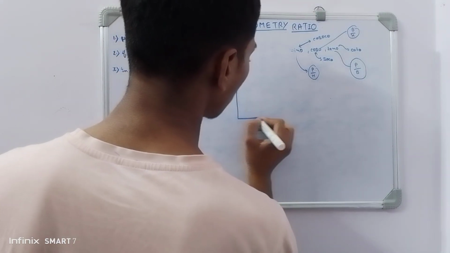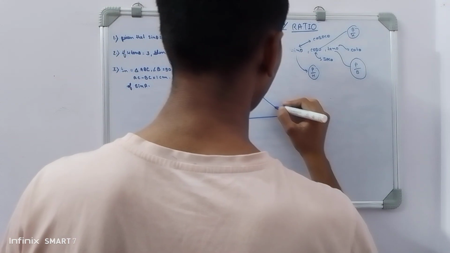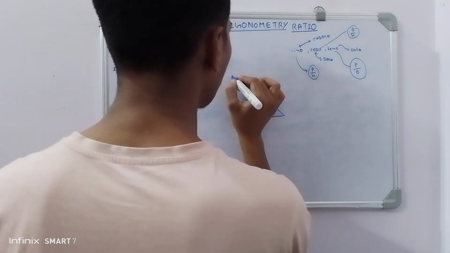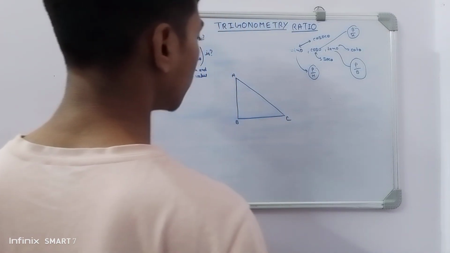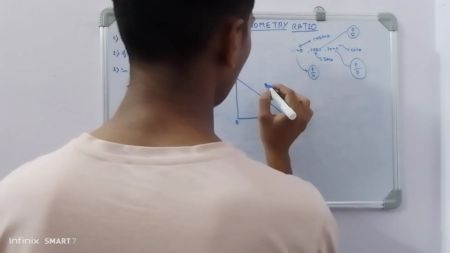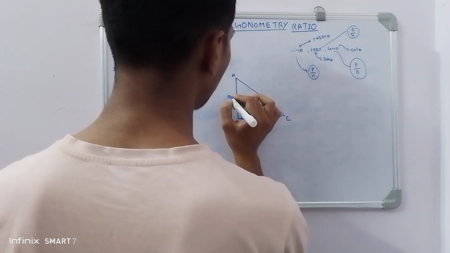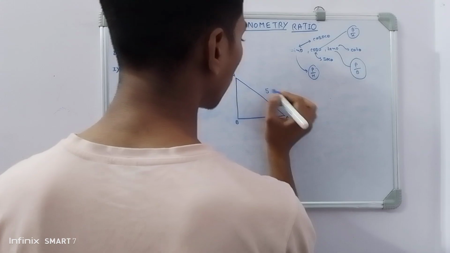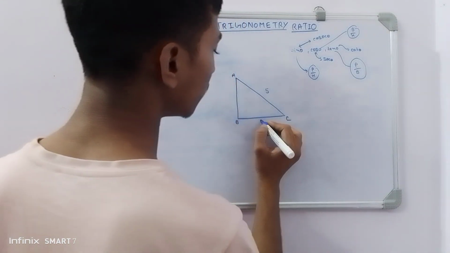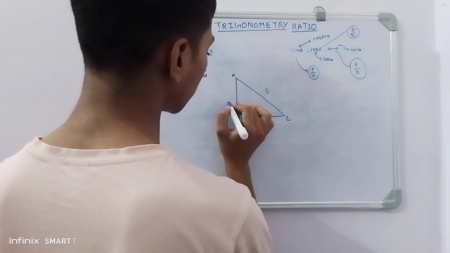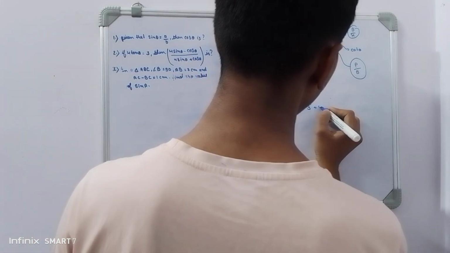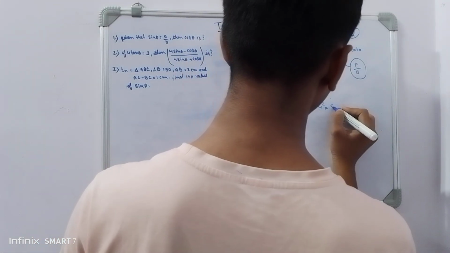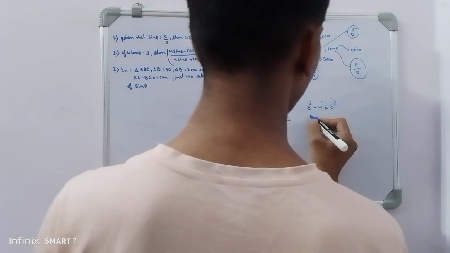Like this, let's suppose we have a triangle named A, B, C. Let's suppose the length of this side is 4, and the length of this side is 3, because you know that the square of 3 plus the square of 4 should equal the square of 5, according to the Pythagoras theorem.